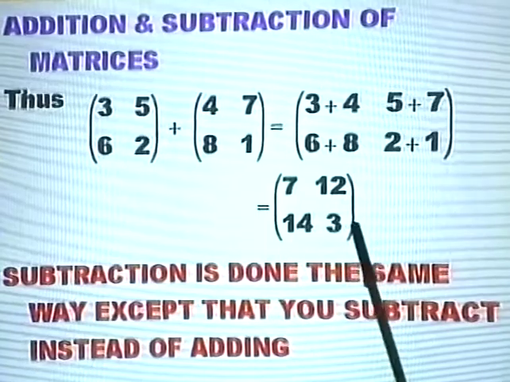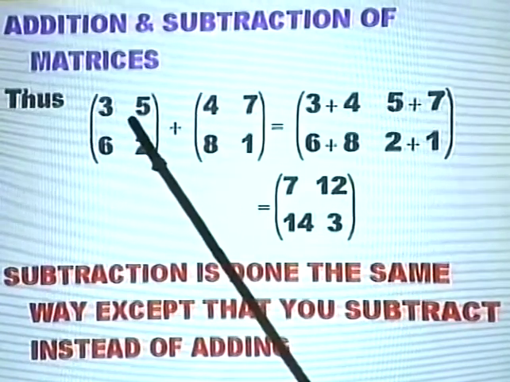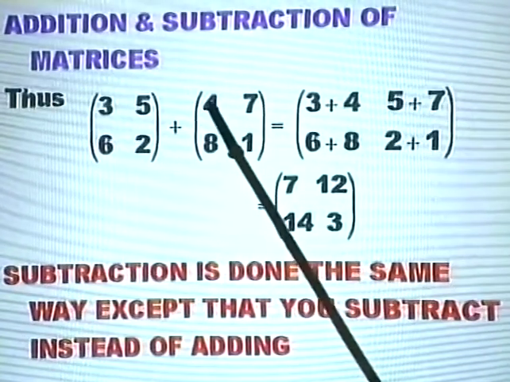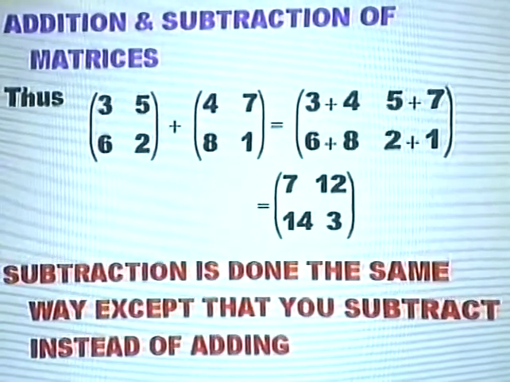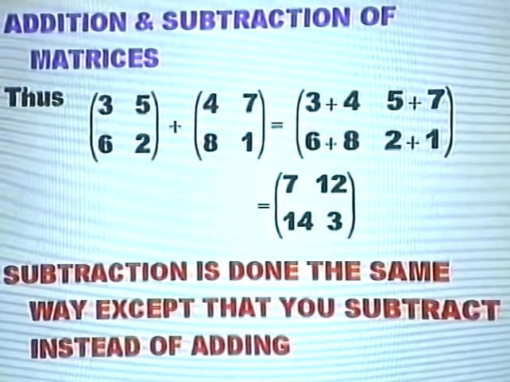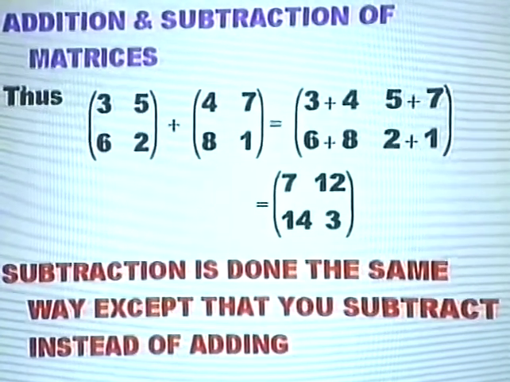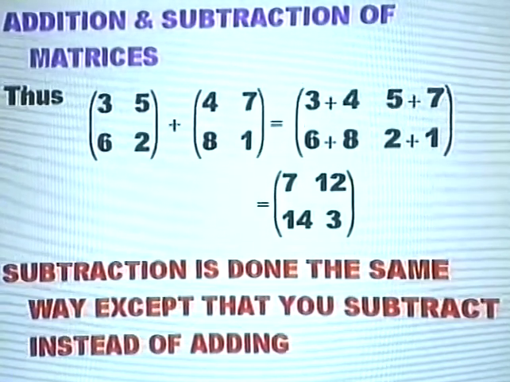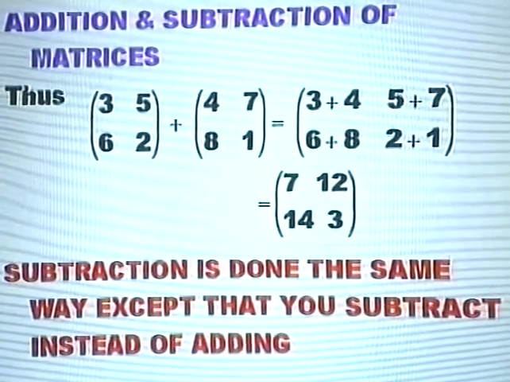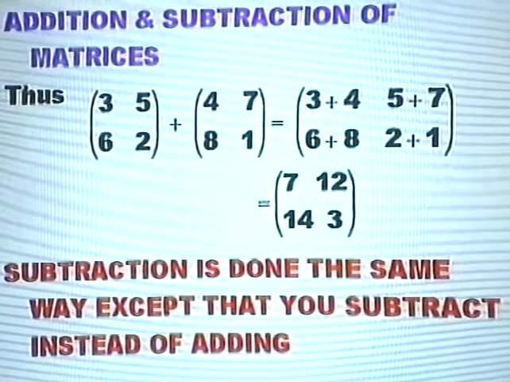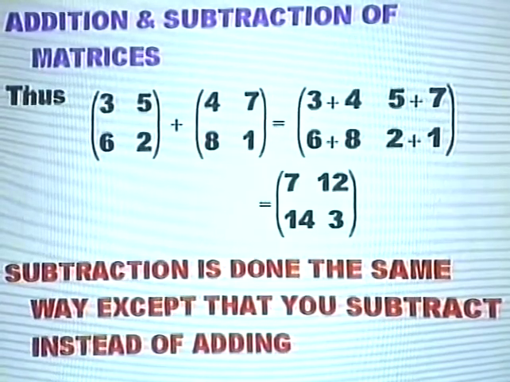Okay, so this is the answer to 3, 5, 6, 2 added to 4, 7, 8, 1. Okay, subtraction is done the same way, except that instead of adding, you subtract. Okay, clear? That's simple.